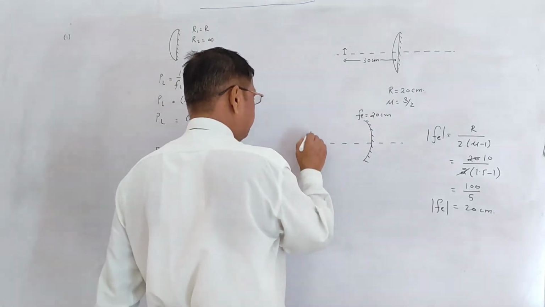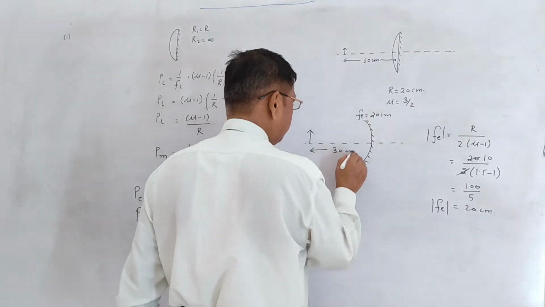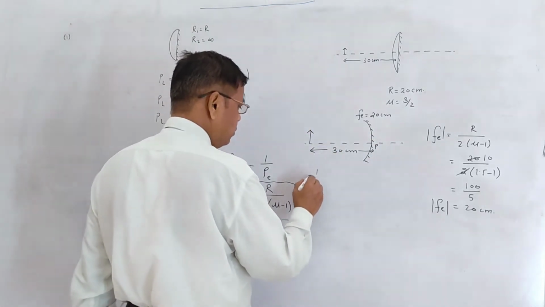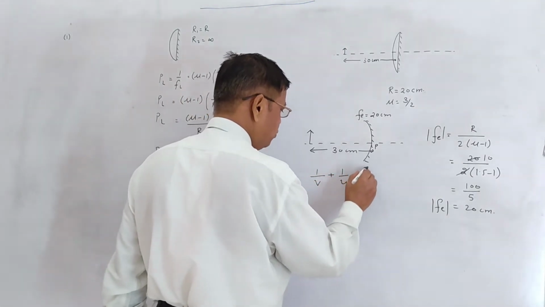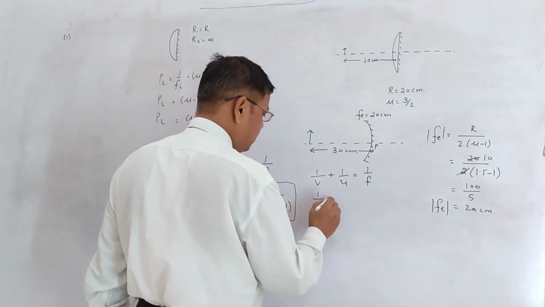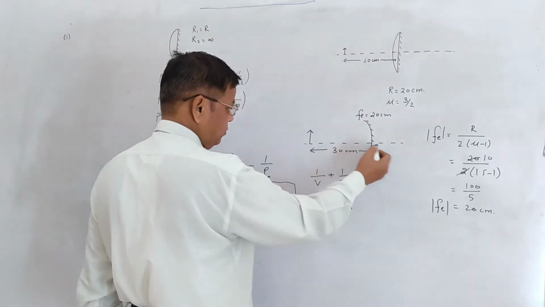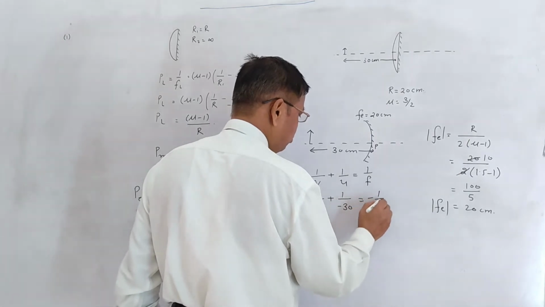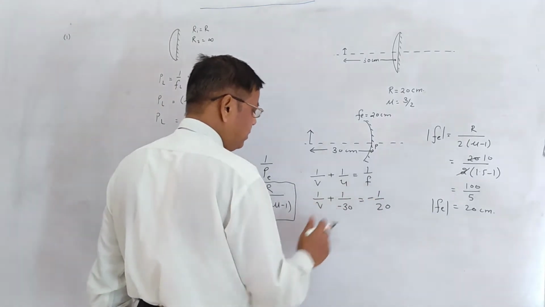An object is kept at 30 centimeter from the pole. So you can use the mirror formula: 1 upon V plus 1 upon U is 1 upon F. 1 upon V plus 1 upon minus 30, you know the sign is negative for U, is equal to minus 1 upon 20, because it is the focal length of a concave mirror.